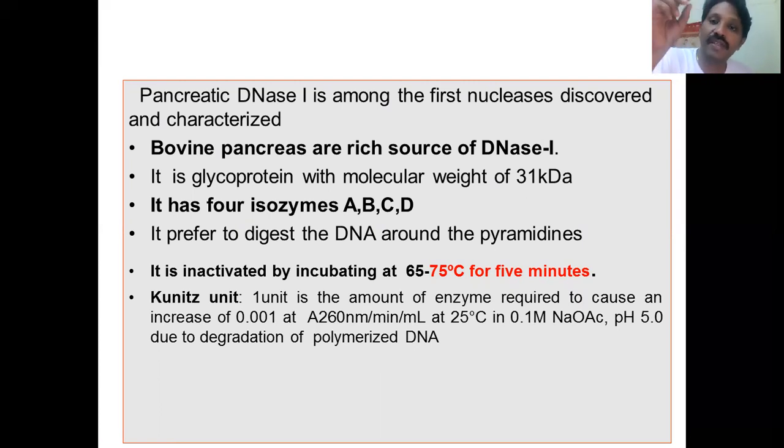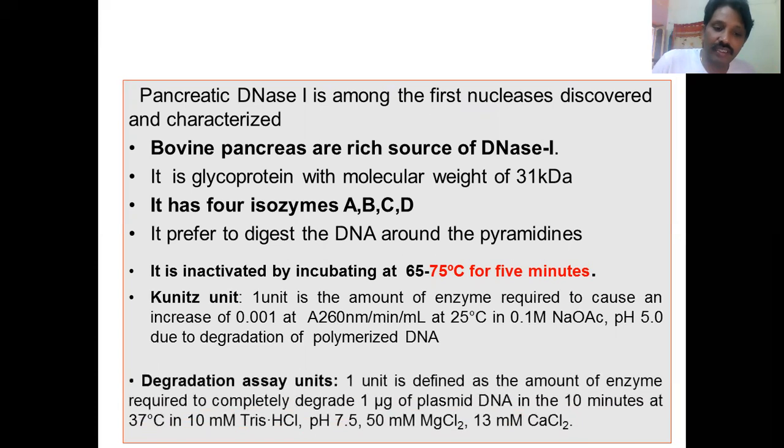The amount of enzyme required to increase the absorbance by 0.001 per minute at 260 nanometers per ml at 25 degrees centigrade is called one Kunitz unit.